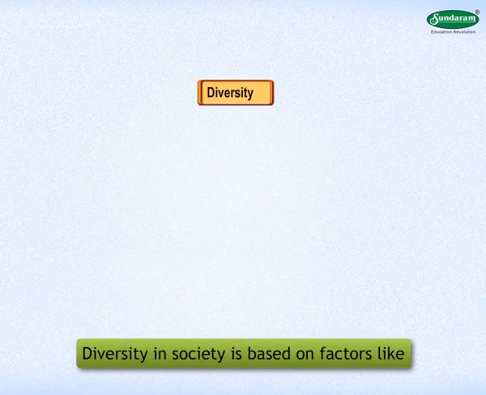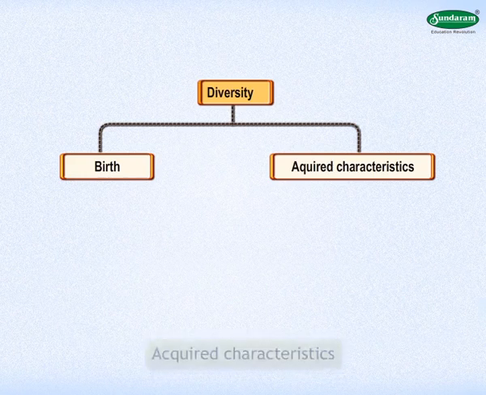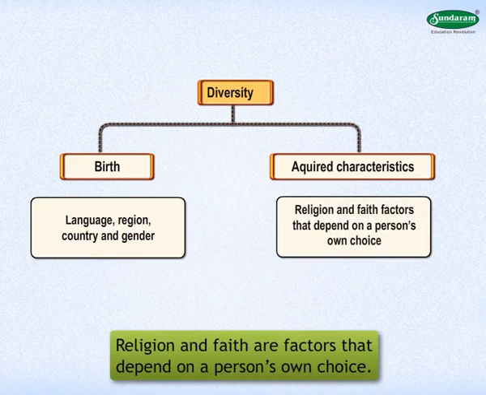Diversity in society is based on factors like birth and characteristics that we acquire. Language, region, country, and gender are factors depending upon birth and leading to differences. Religion and faith are factors that depend on a person's own choice.